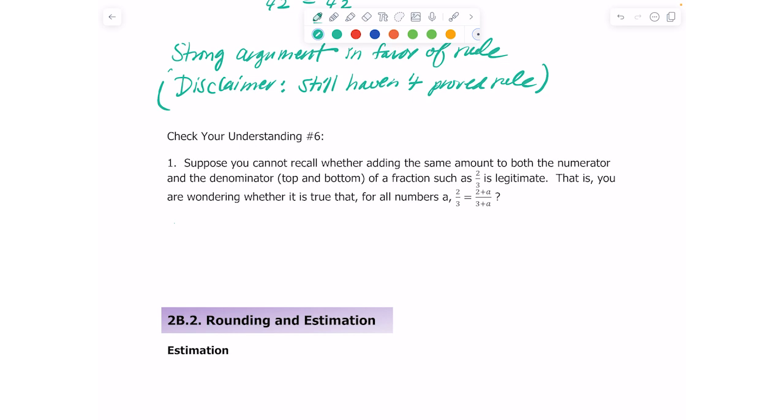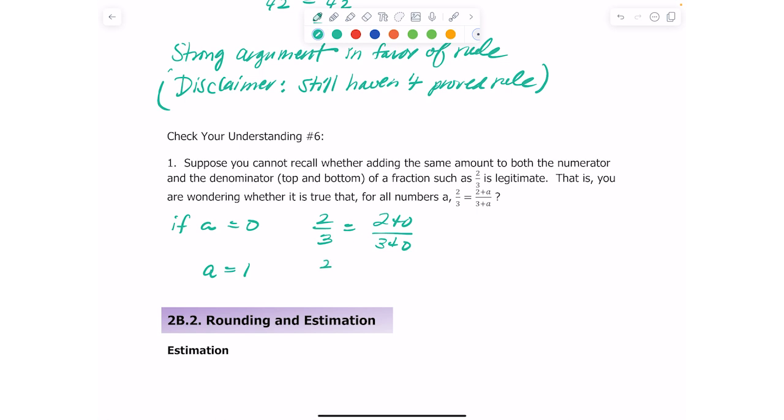Okay, so if A equals 0, then is that a true statement? Yeah, because 2 plus 0 is 2, and 3 plus 0 is 3, and 2/3 equals 2/3, so that's true. But what if I change A to 1?